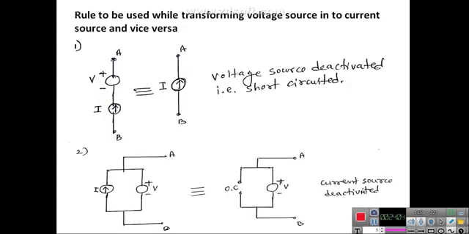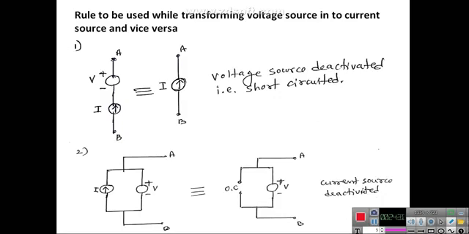Now, before going on to solve some more complicated problems, there are some rules you need to remember and can make use of while transforming a voltage source into a current source and vice versa. Suppose you have a voltage source and a current source in series. In that case, this voltage source is deactivated.